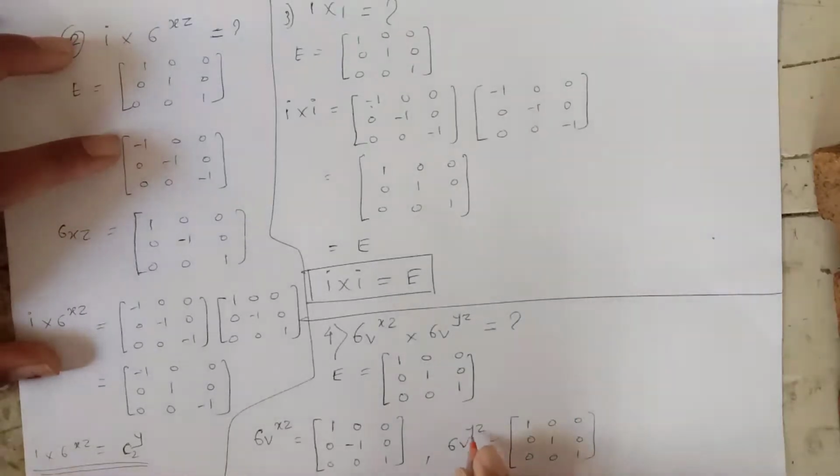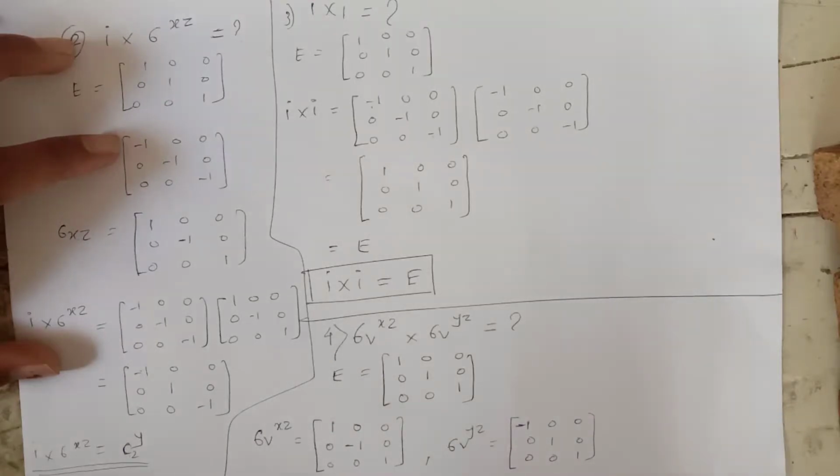Here x is negative. Then when you take the product sigma v xz into sigma v yz, what is here? 1 0 0 0 minus 1 0 0 0 1 multiplied by minus 1 0 0 0 1 0 0 0 1.